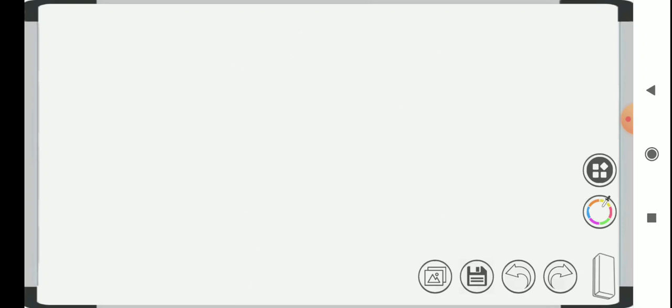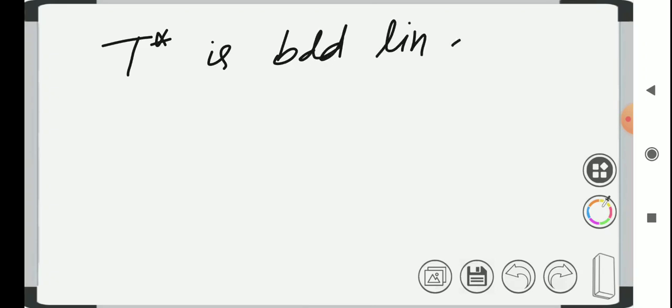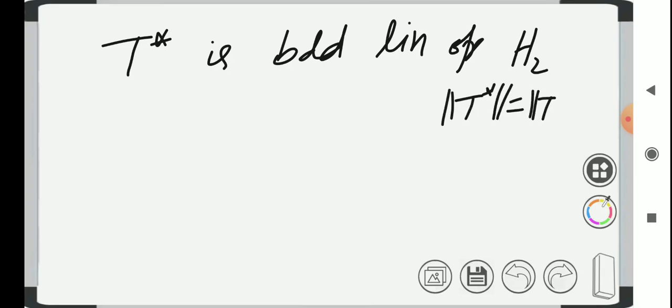Hence T star is a bounded linear operator on H2. Now we will show that its norm is exactly the norm of T, that is, the norm of T star is exactly the norm of T.